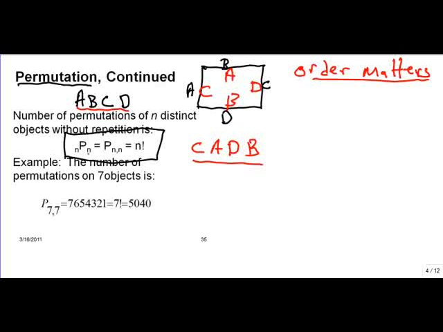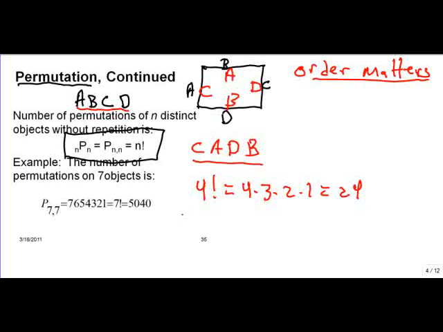Since I have 4 objects and I want to hang up these 4 objects on these 4 walls and I'm going to use all 4 of them, then that means there is 4 factorial ways to do this. So 4 factorial is equal to 4 times 3 times 2 times 1, which is 4 times 3 is 12 times 2 is 24. So there are 24 distinct arrangements that I could take these 4 pictures and hang these up on these 4 walls.